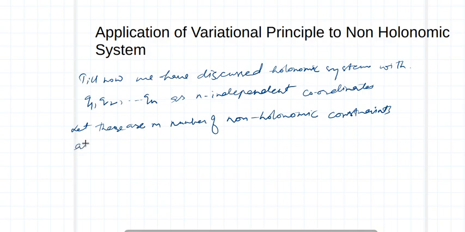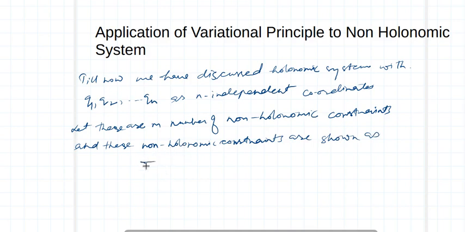and mathematically these non-holonomic constraints are shown as summation i varies from 1 to n a_ri dq_i plus b_r dt is equal to 0.